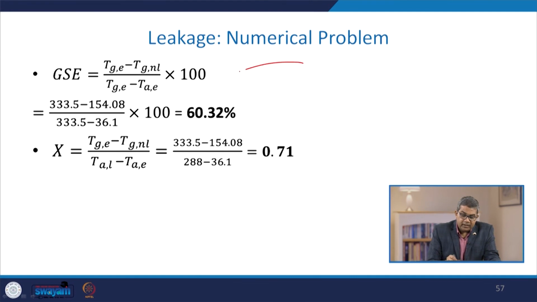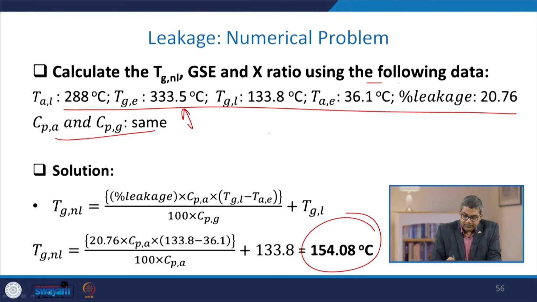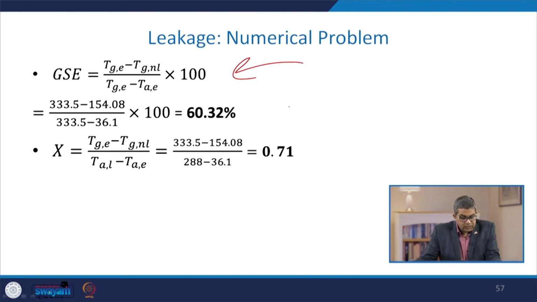And GSE is given by the mathematical expression (TGE minus TGNL) upon (TGE minus TAE) multiplied by 100. If we substitute the values into this GCE relationship, it comes out to be 60.32.